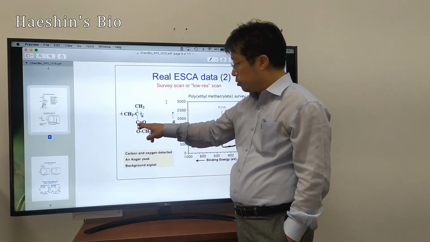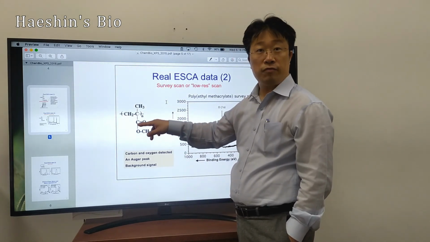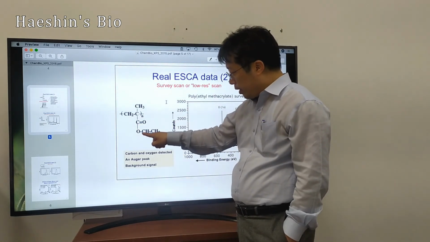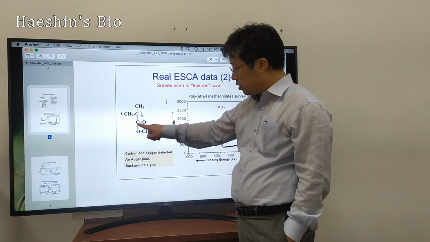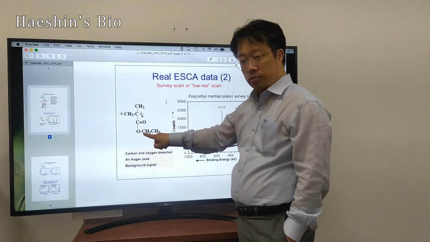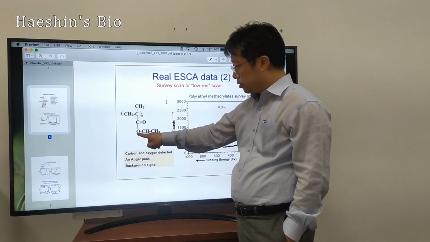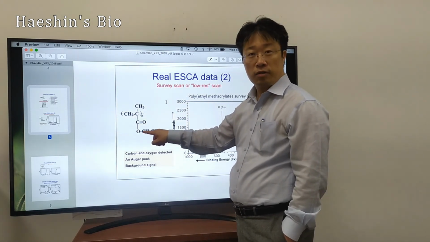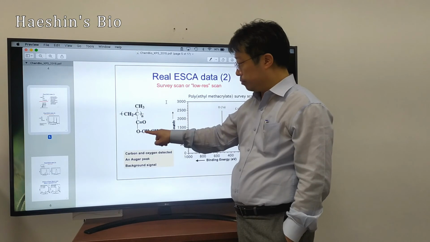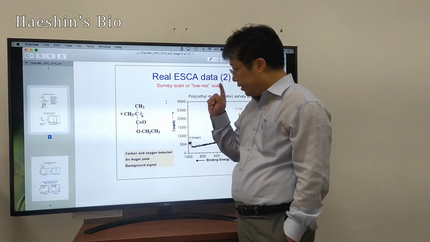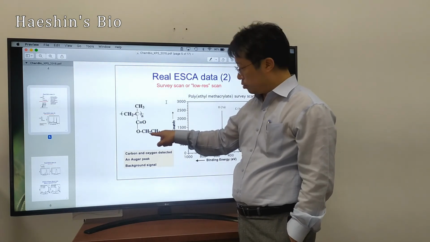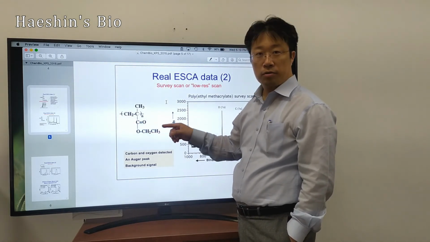So this carbon is very electron deficient. Also this carbon is nearby the oxygen. Not to this level, but there's an electronegative atom right next to it, so there's some influence on this carbon. However, this carbon has no influence. There's only carbon and hydrogen, so there's no influence.